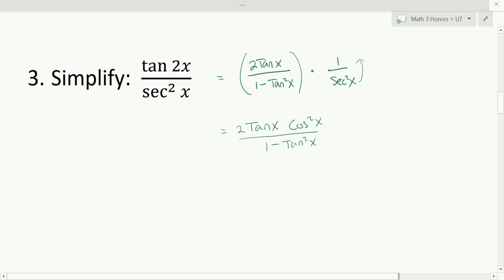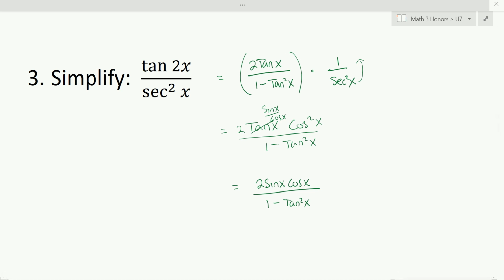So two sine x cosine x over 1 minus tangent squared x. That works. Nothing wrong with that. Anybody get any further or more simplified than that?